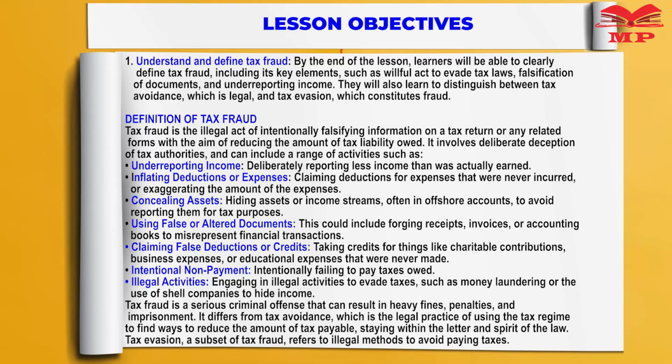They will also learn to distinguish between tax avoidance, which is legal, and tax evasion, which constitutes fraud. So that will be the objective of this lesson as we go through it.